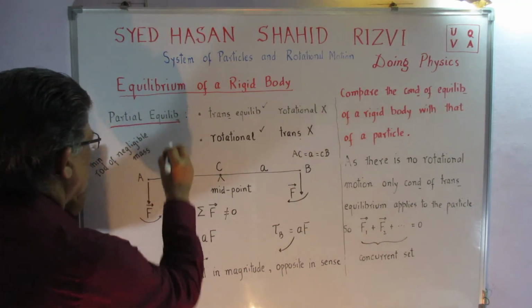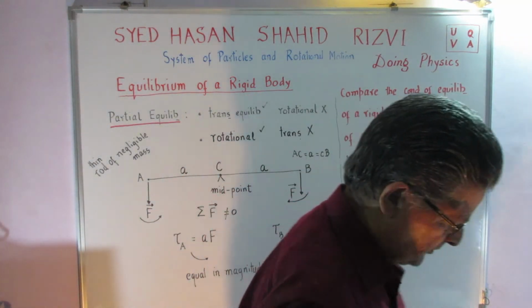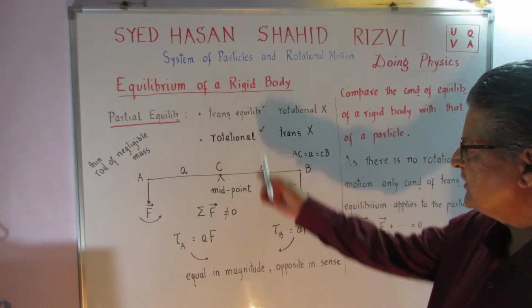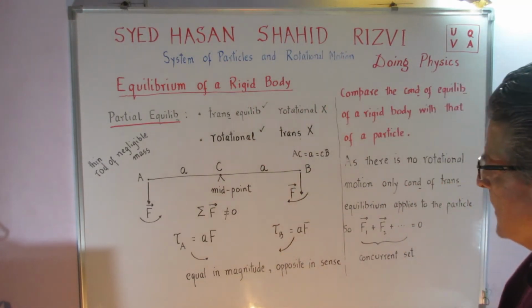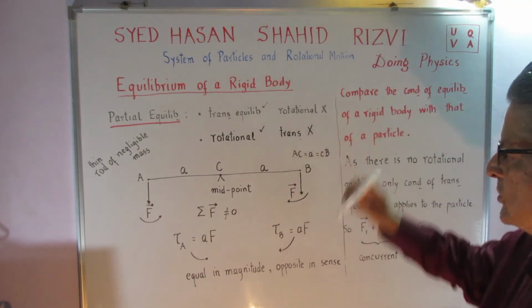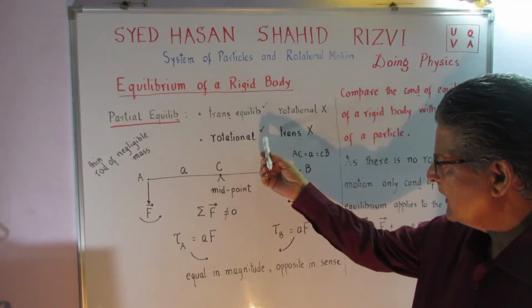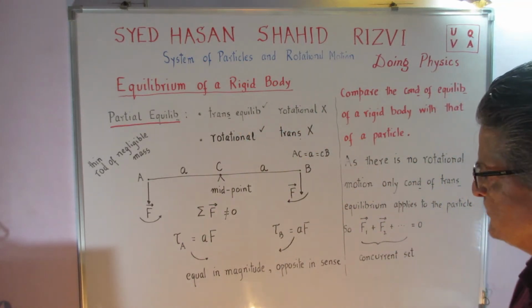Now, to talk about partial equilibrium. We'll talk about the cases where I have a translational equilibrium but the rotational equilibrium is not there, or I have a rotational equilibrium without a translational equilibrium.